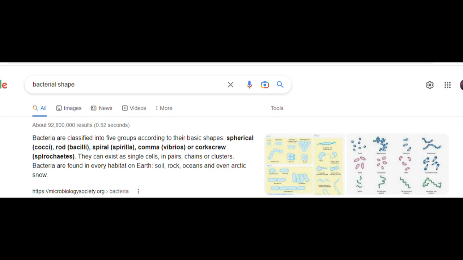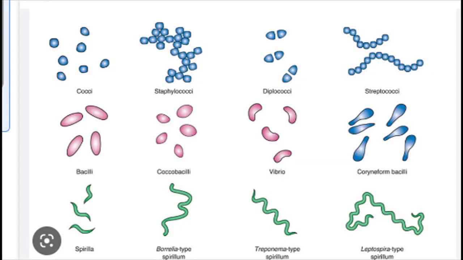That means it can divide without reference to the cell, and they carry determinants for such phenotypic characters as drug resistance and enzymes, which mediate certain peripheral metabolic pathways. The amount of DNA in the plasmid is usually 0.5 to 1% of that in the bacterial chromosome.